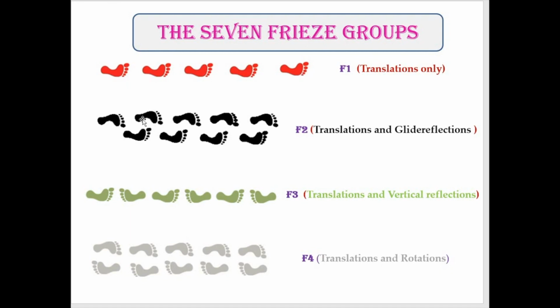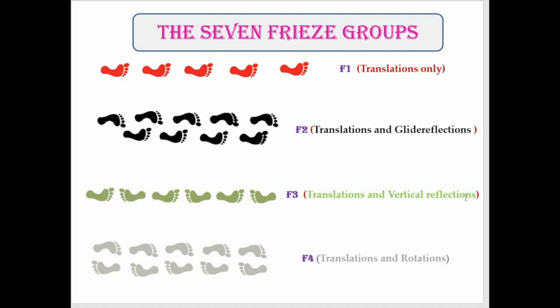This is the pattern. Translation and vertical reflection: you have the motif first, vertical reflection, and then that one is translated. Once you put a mirror over here, you can see that this one is the vertical reflection of this motif.